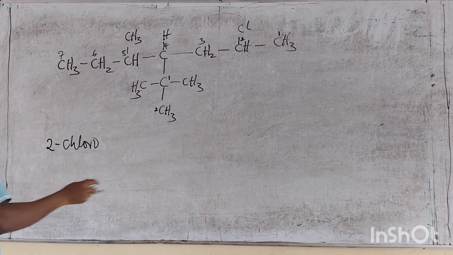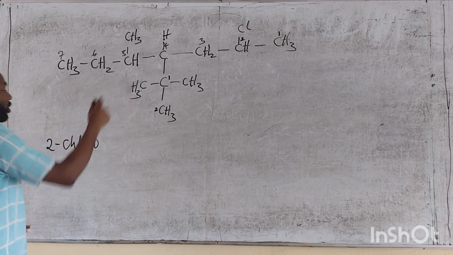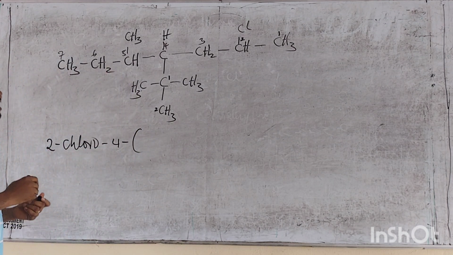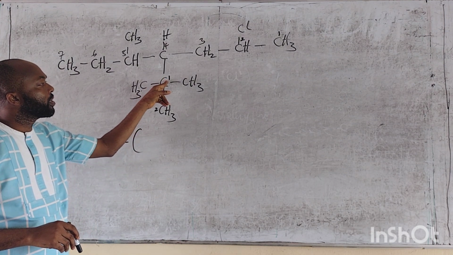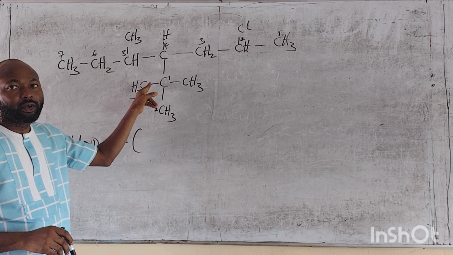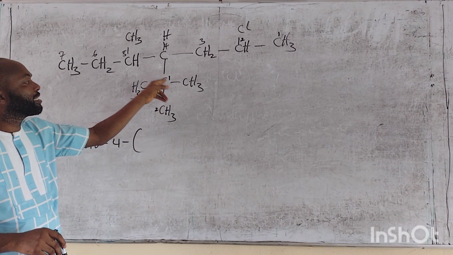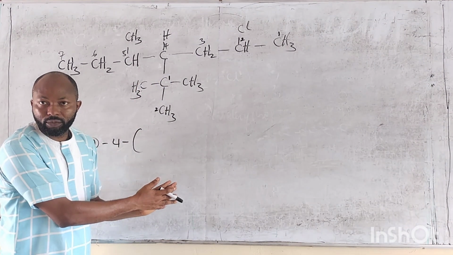2 chloro, 4 supposed to be 4 ethyl, but there are other stuff. So I have 4 open bracket. In the ethyl, I have 1,1 dimethyl inside of this ethyl. So this becomes 1,1 dimethyl ethyl. That's what I will put inside the bracket before I move.